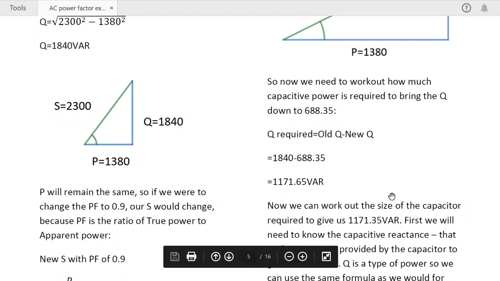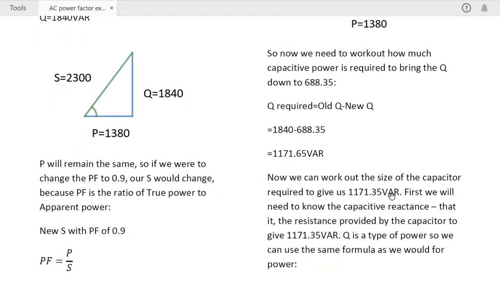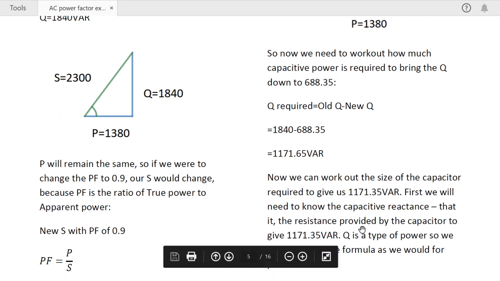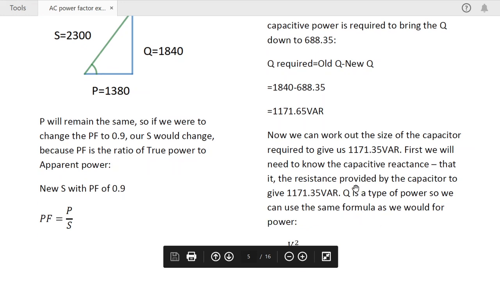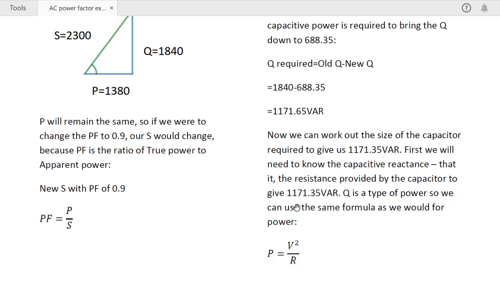So now we know how much power our capacitor will be. We need to work out what the capacitive reactance and the capacitance are. First we'll need to know the capacitive reactance, that is the resistance provided by the capacitor to give 1,171.65 VAR. Q is a type of power, so we can use the same formula as we would use for power.